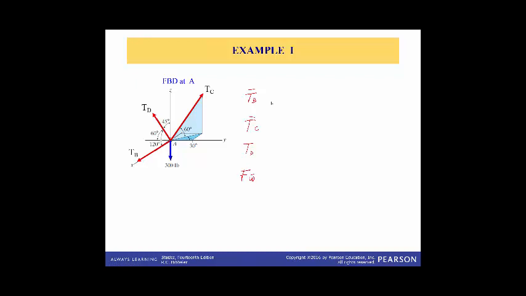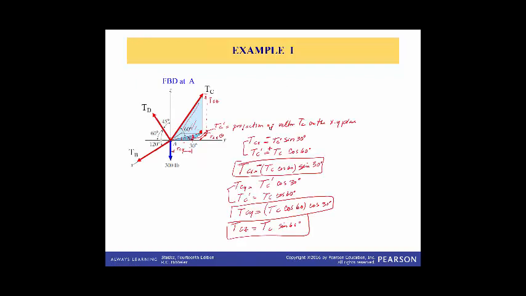So TB is going to be equal to TB i. Then TC, and if we go back to TC here, we can solve for these expressions already.